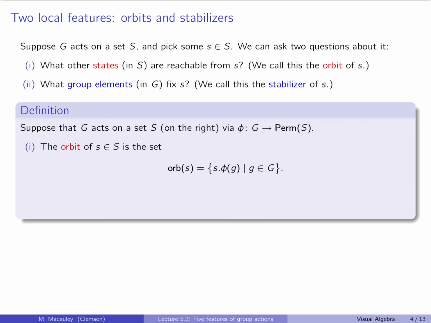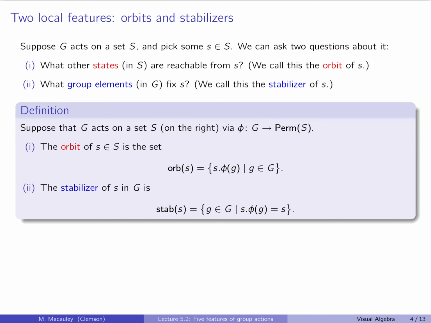Let's define this formally. Suppose that a group G acts on a set, let's say it's a right action, via a homomorphism phi from G to the group of permutations of the set. The orbit of an element S is the set that I will denote ORB of S. Notice the lowercase o because this is a local feature, and it is the set of S dot phi of g where g ranges in the entire group.